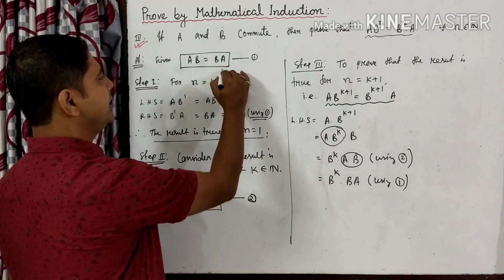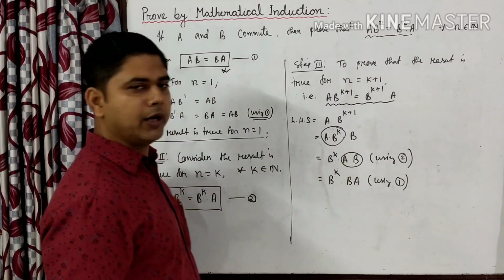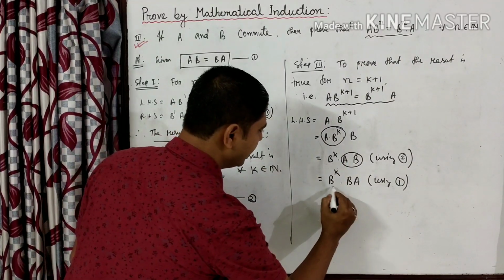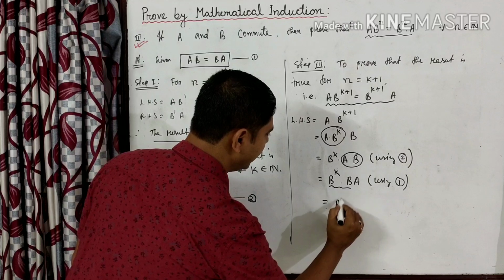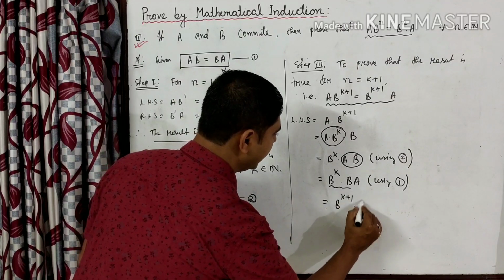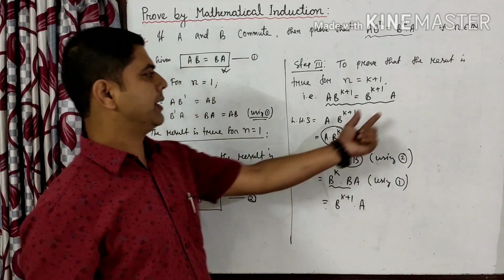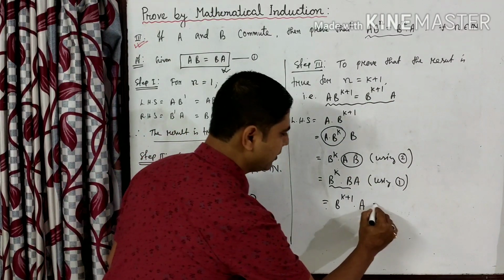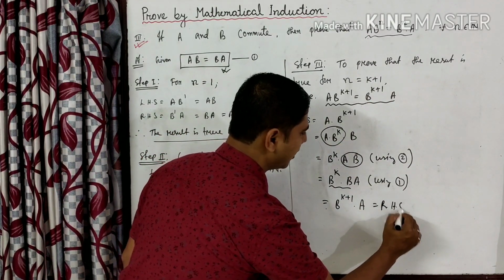Now from this part, you have B to the power k plus 1 into A. That is the right hand side.